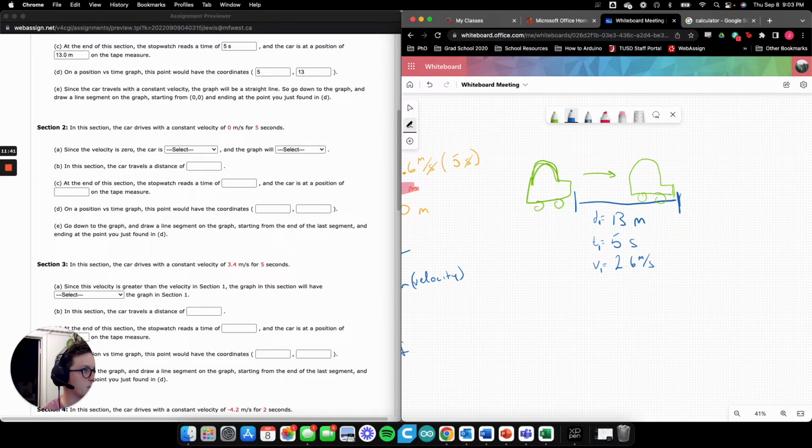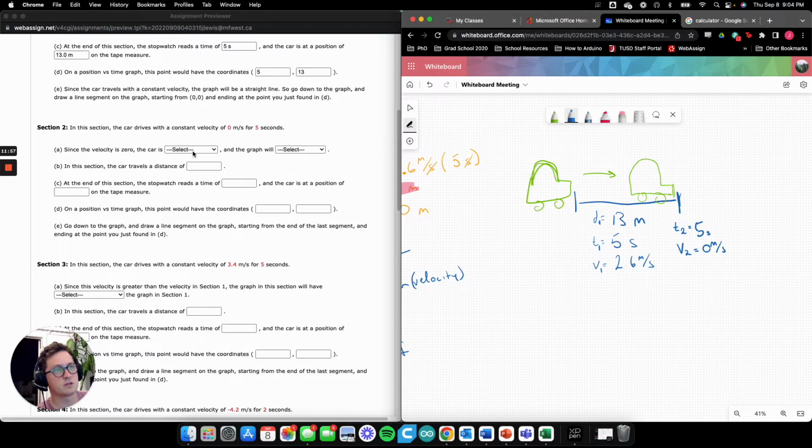For 5 seconds, time 2, the car travels at a velocity for section 2 of 0 meters per second.